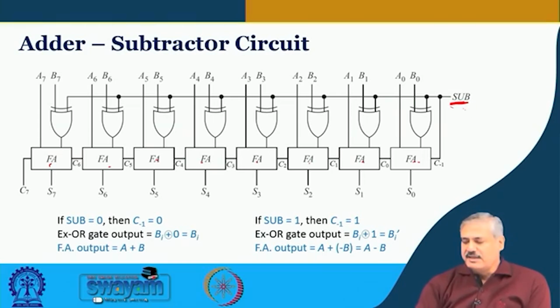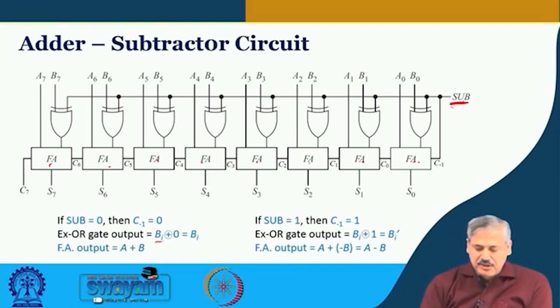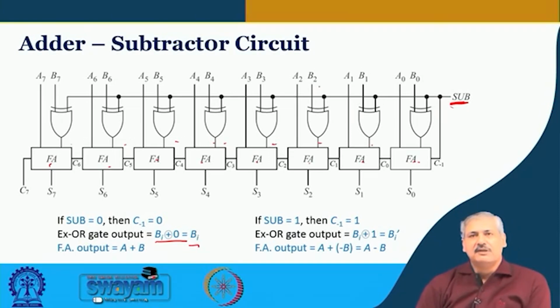When this is 0, we know the XOR relationship: any input XORed with 0 is the input itself. So, at the output of the XOR gate, the number B itself will come, B7 to B0, and the carry input will be 0. So, it will be a standard addition.